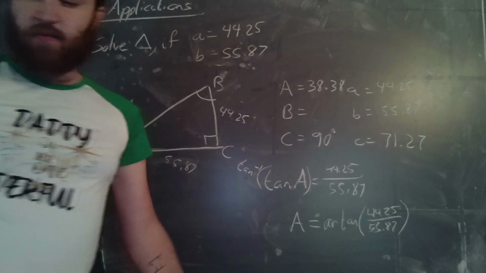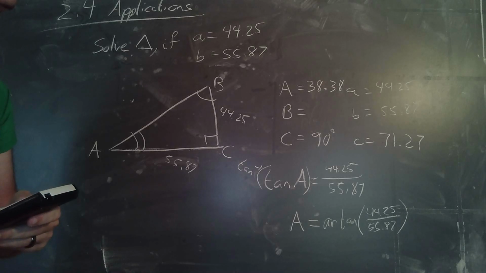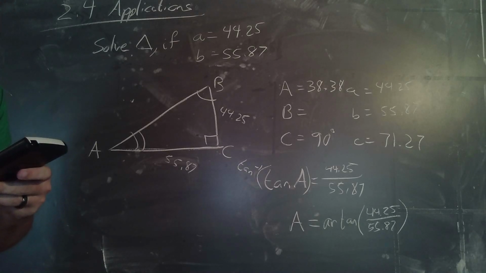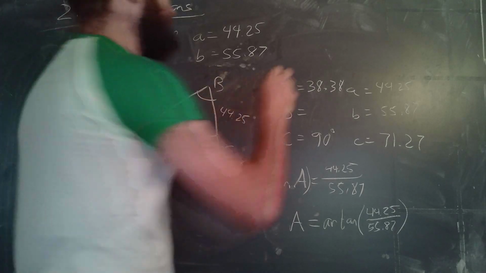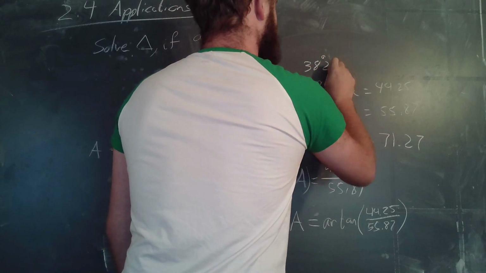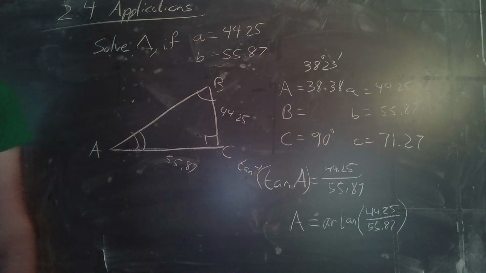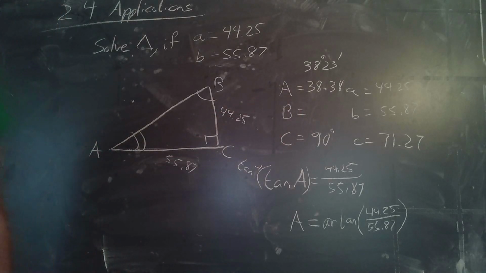Now notice that we could be asked to put this into degrees, minutes, and seconds. And if we were to do that, then this thing would be 38 degrees and 23 minutes. So there's just 2 different versions of the same answer, but I'm going to leave it as a decimal for the purposes of this.